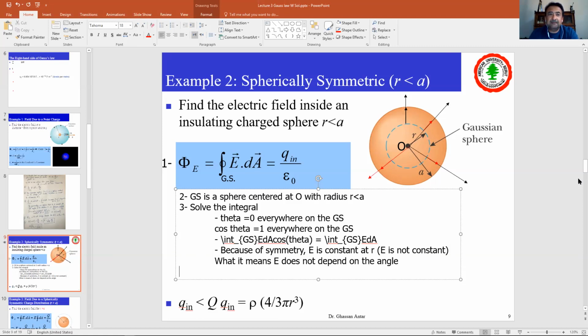So since E is constant over my Gaussian surface, the integral of E dA is equal to E times the integral over the Gaussian surface of dA, which is equal to E multiplied by the area of my Gaussian surface.